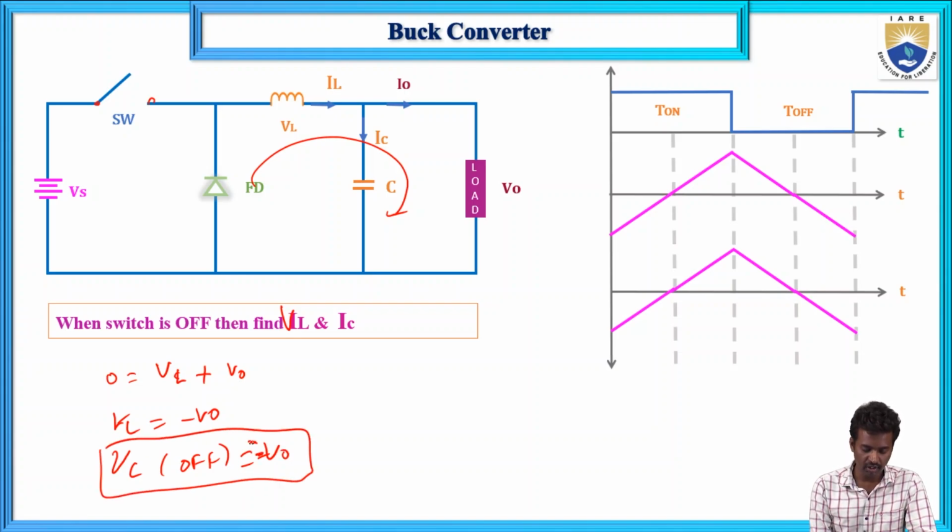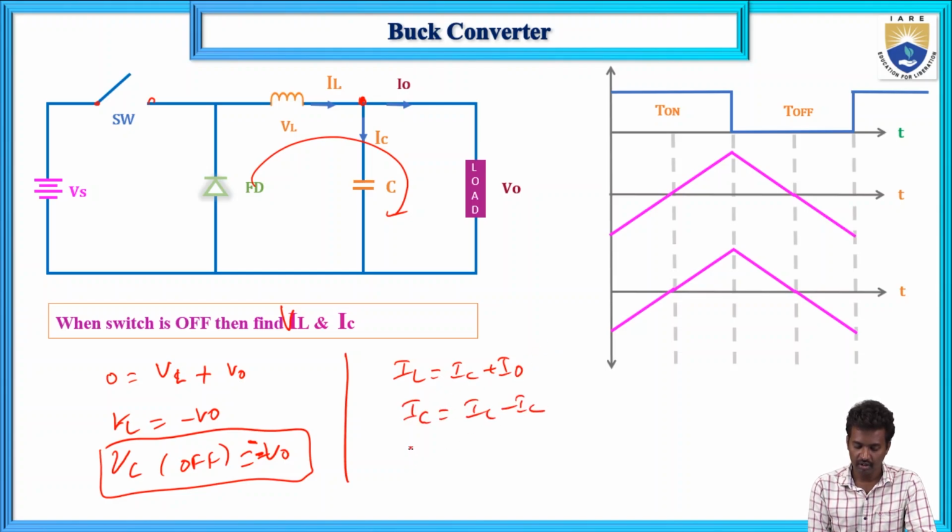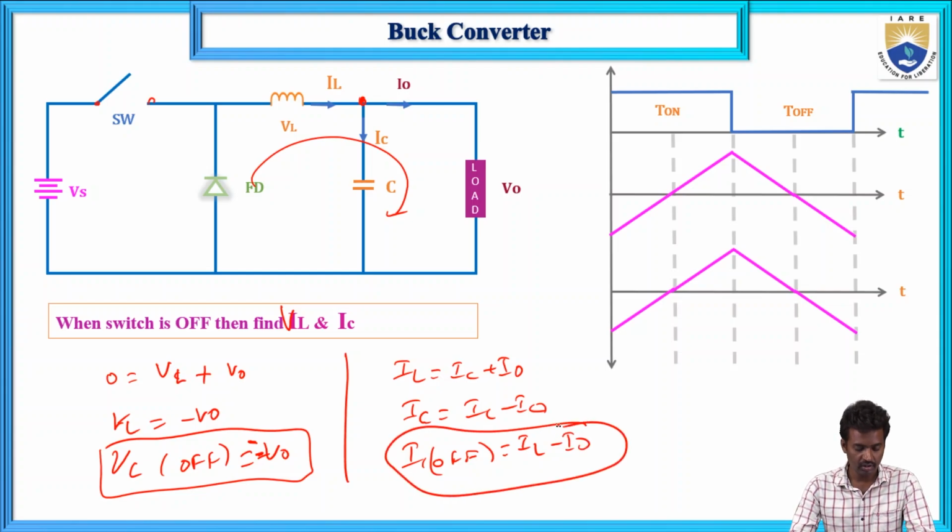Next, applying KCL, IL equals IC plus I naught, so IC equals IL minus I naught. So IC off equals IL minus I naught. When the switch is off, VL equals minus V naught and IC equals IL minus I naught.